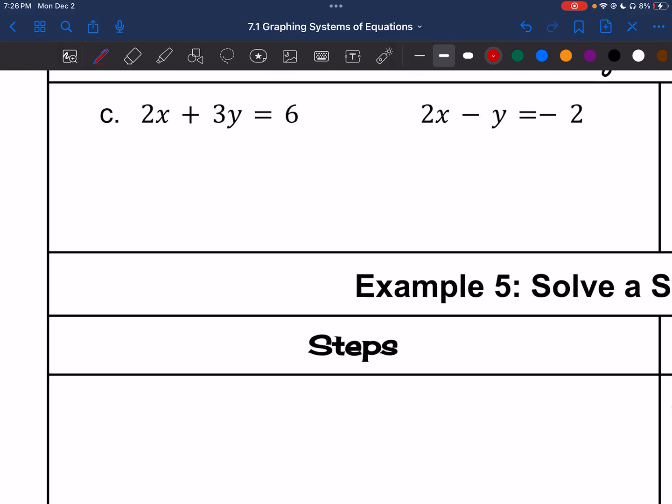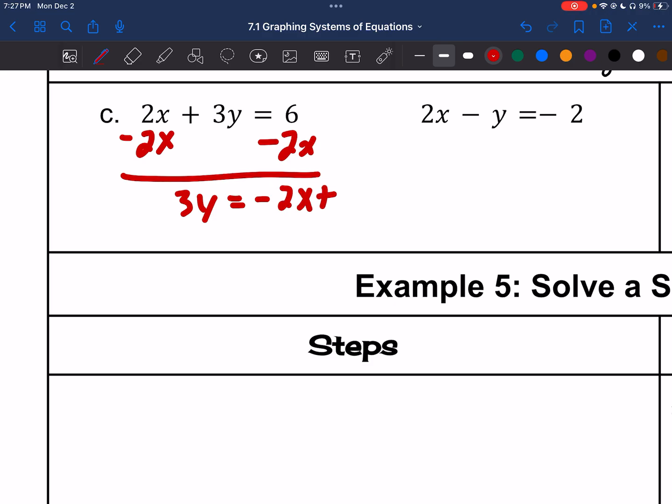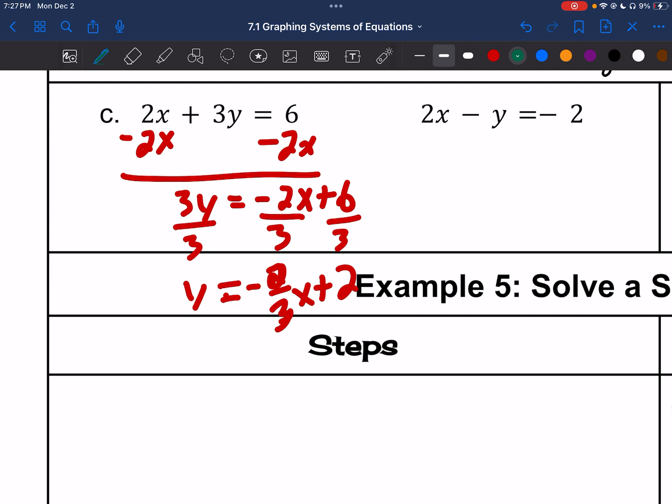All right, letter C. We have 2x plus 3y equals 6. So we're going to start by subtracting 2x from both sides. And we are going to get 3y equals negative 2x plus 6. And then we divide by 3. And y is going to be equal to negative 2/3 x plus 2. And our other one, we're going to subtract 2x from both sides.